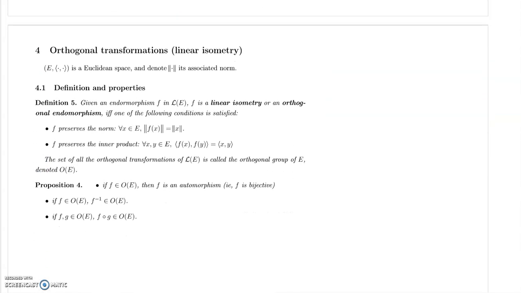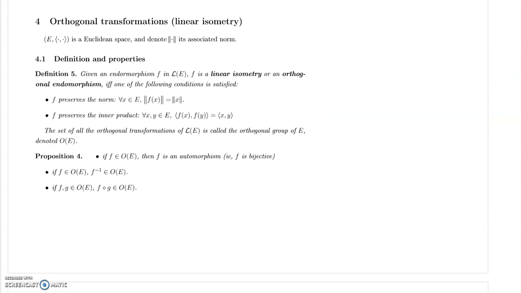Okay, let's go to what we really want to do in that chapter, the orthogonal transformations. Another word for that is linear isometries. Let's begin with the definition. So we are in our nice Euclidean space, a finite dimensional linear space with a nice inner product, and so it has a norm that is associated to this inner product.